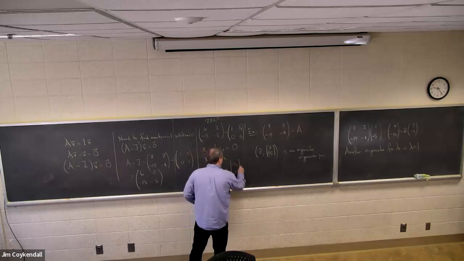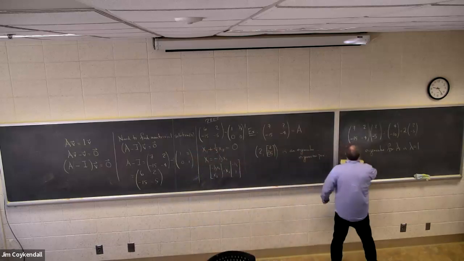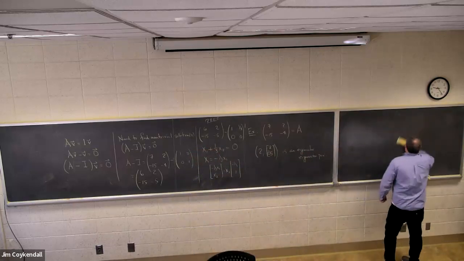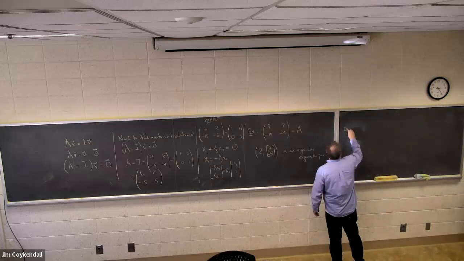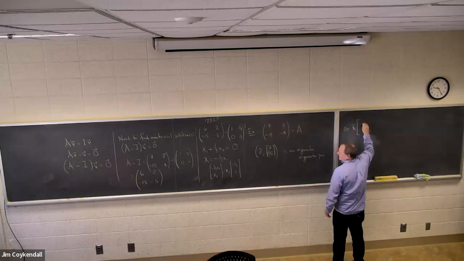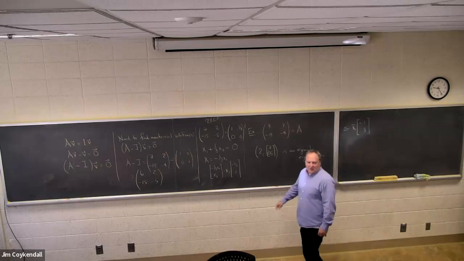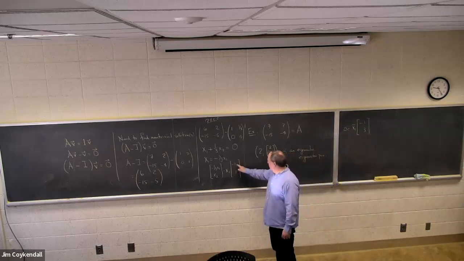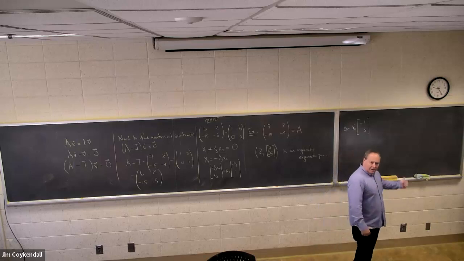Or basically, I can multiply top and bottom by 3 and write it as minus 1, 3. Let's check.